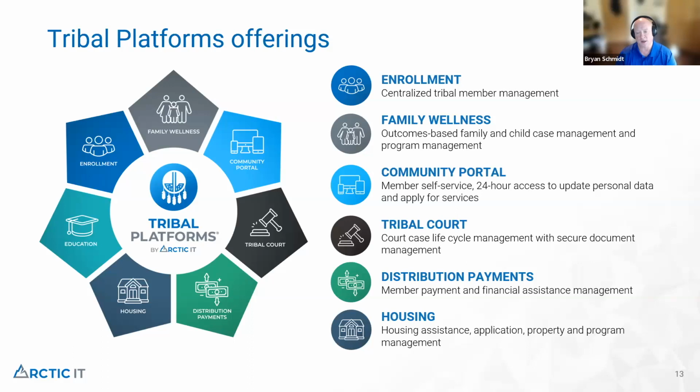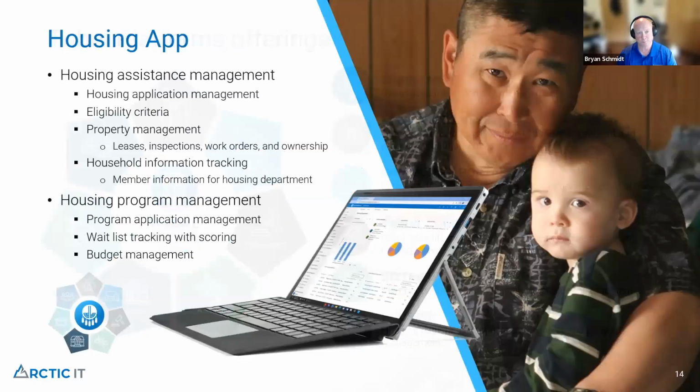And then, of course, housing, which we're going to talk about more today. That's the latest application that we're adding to the suite to allow your team to manage the assistance, the properties, the units that you make available, and the applications that your members have for participation in the different programs you make available within your housing department.